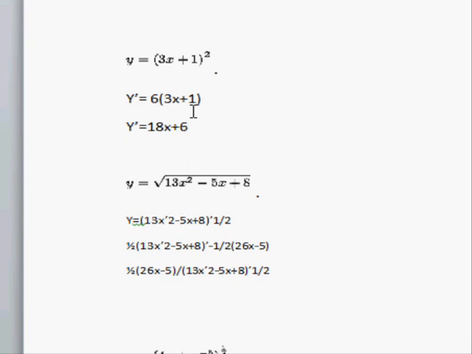Then we apply the distributive property and we end up having 13x minus 5 over 2, over 13x squared minus 5x plus 8 to the 1/2 power, or square root. So basically this was an example.